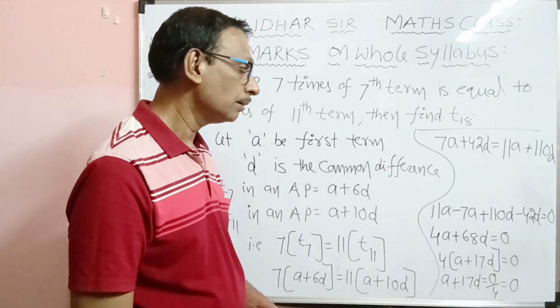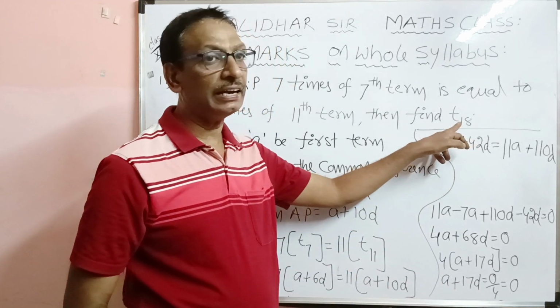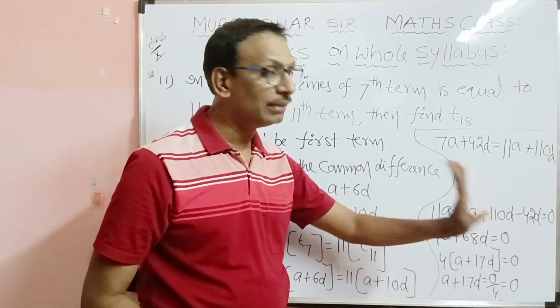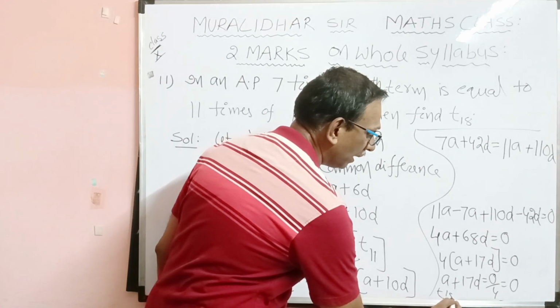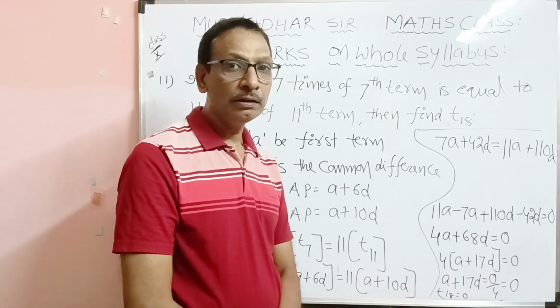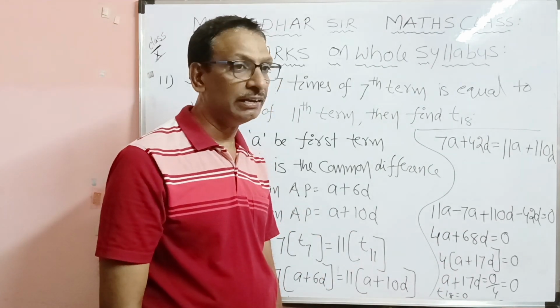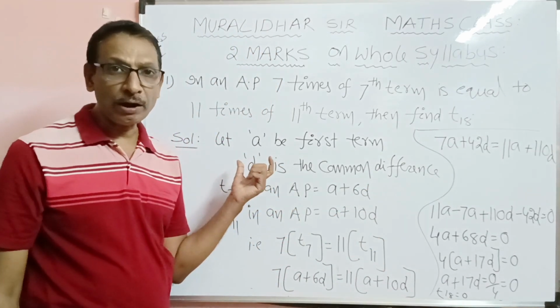That means a plus 17d is the 18th term of the AP. That means the 18th term is 0. Finally, we get T18 is equal to 0. So finally a plus 17d is equal to 0. Now this is the solution for this type of problems.